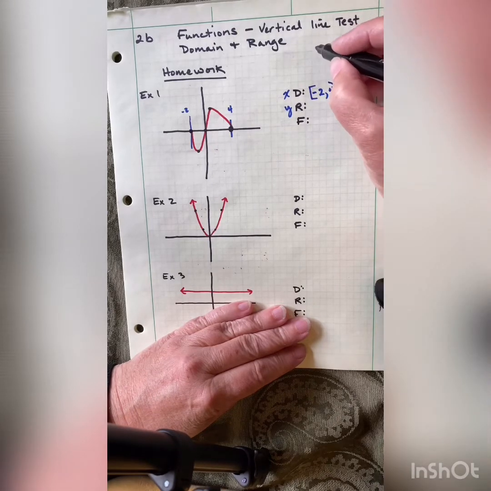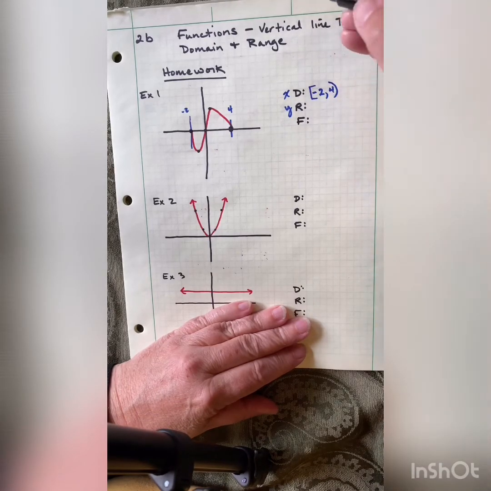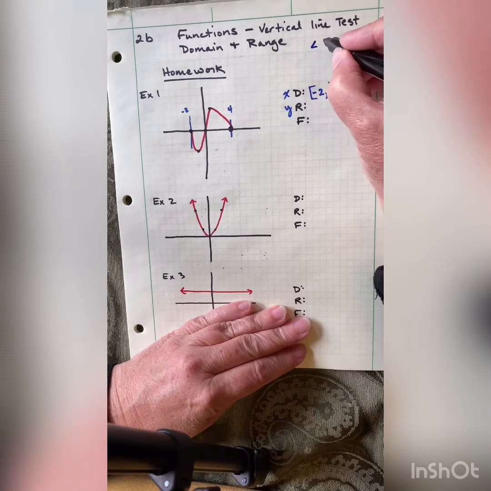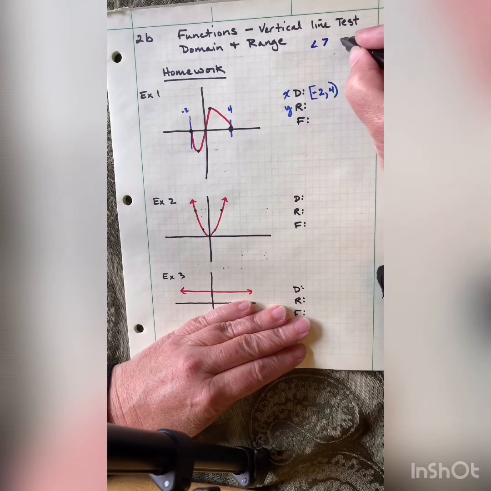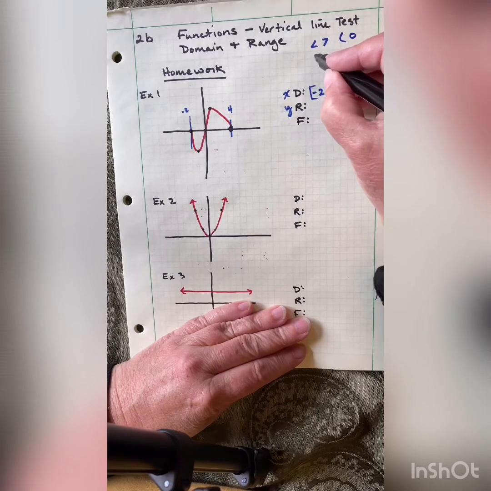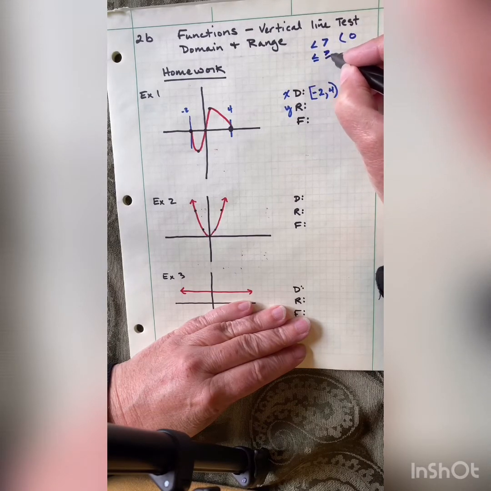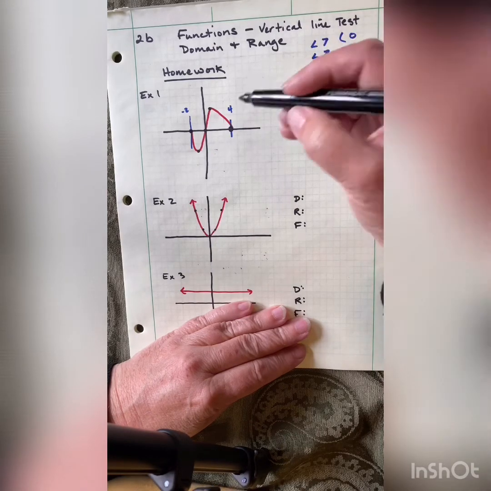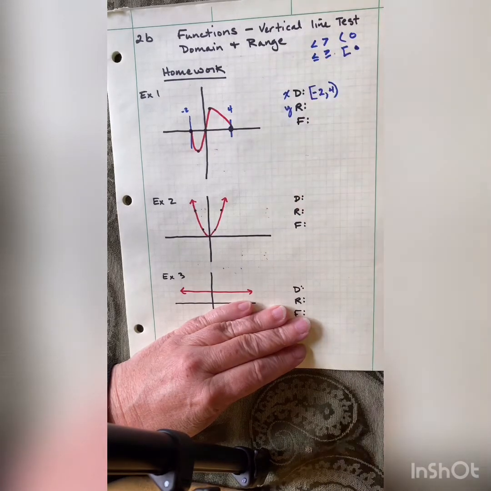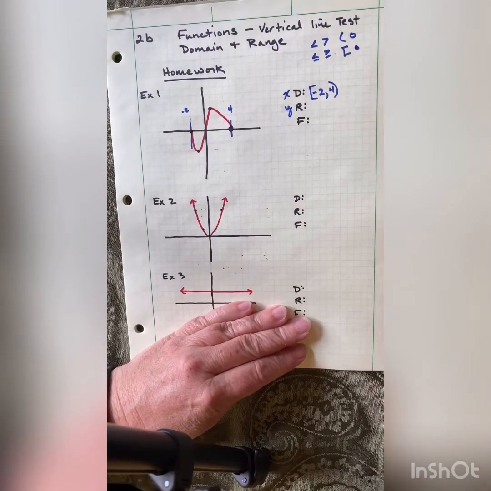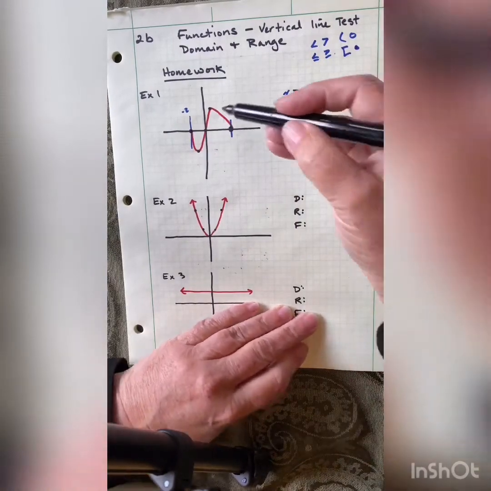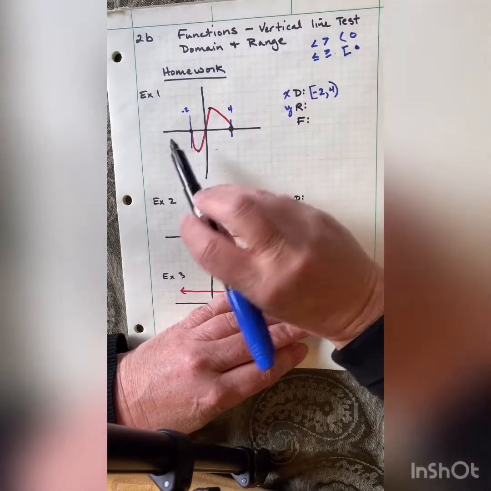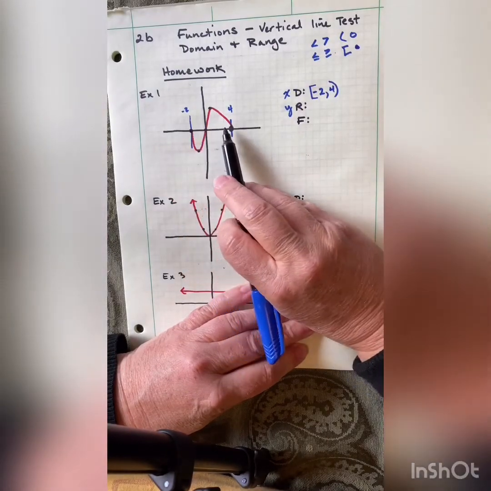So remember that if you have a less than or a greater than, that would be a parentheses or an open dot. If you have less than or equal to, greater than or equal to, it would be a bracket and a closed dot. But again, that one did start out as an open dot, and I filled it in by accident. Okay, so our x's are found in between -2 and 4.